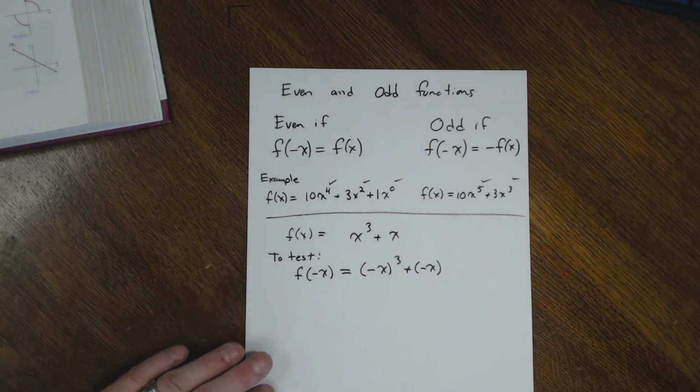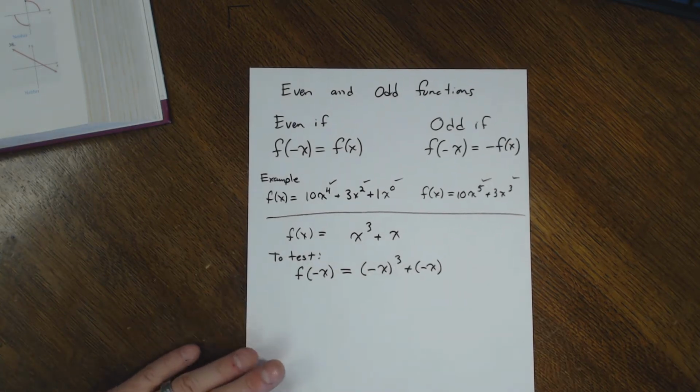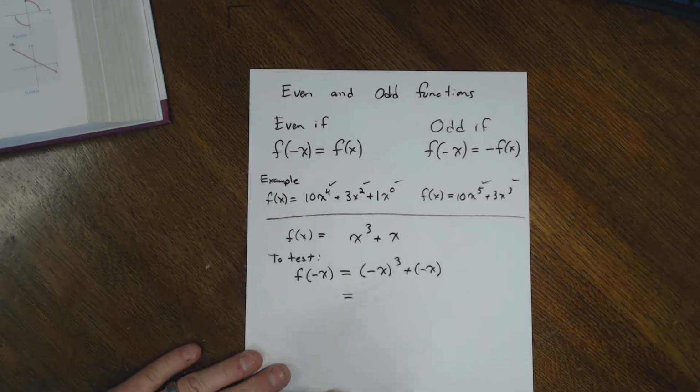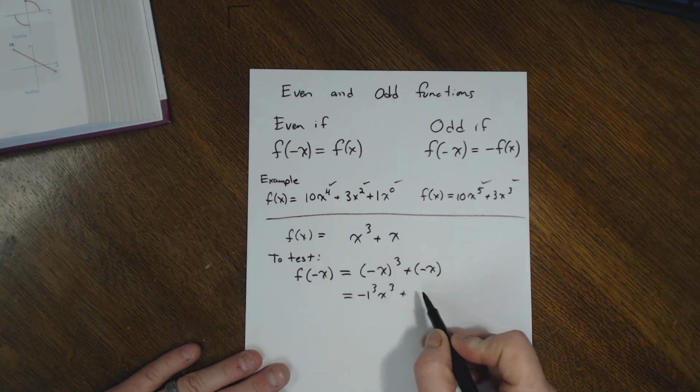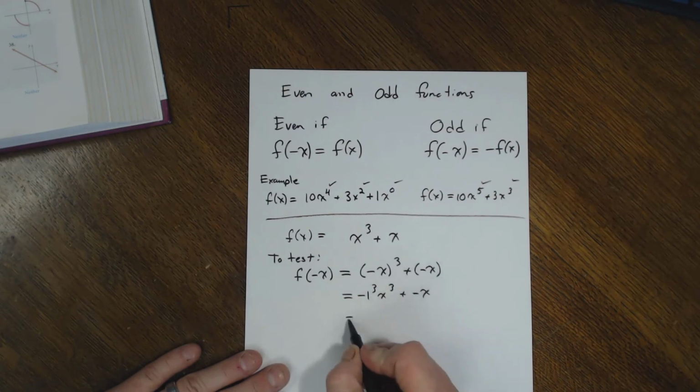So I'm simply replacing my inputs. Now I'm going to do some algebraic manipulations. This is going to be minus 1 cubed, x cubed, plus minus x. This is equal to minus x cubed minus x.